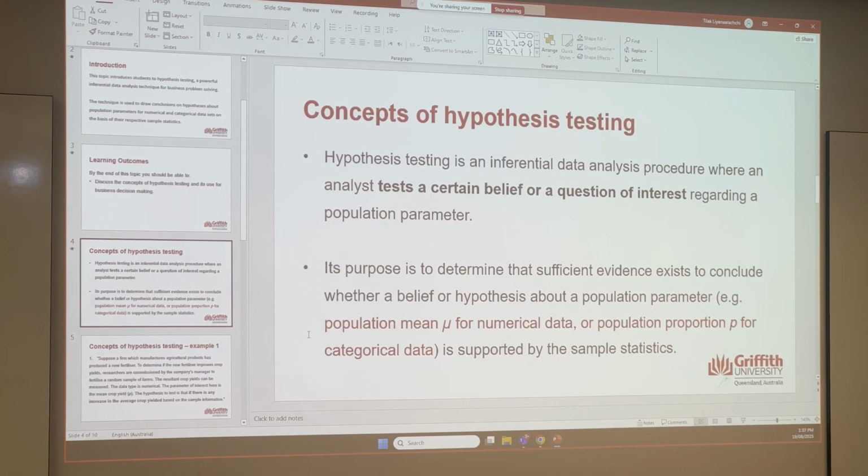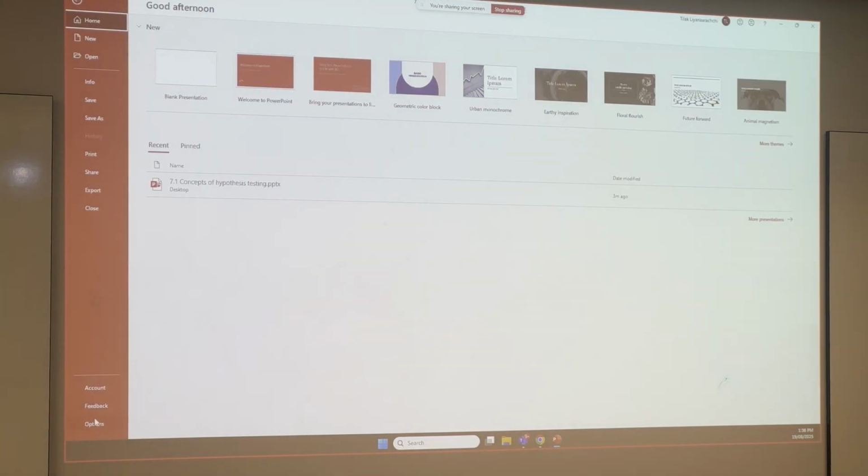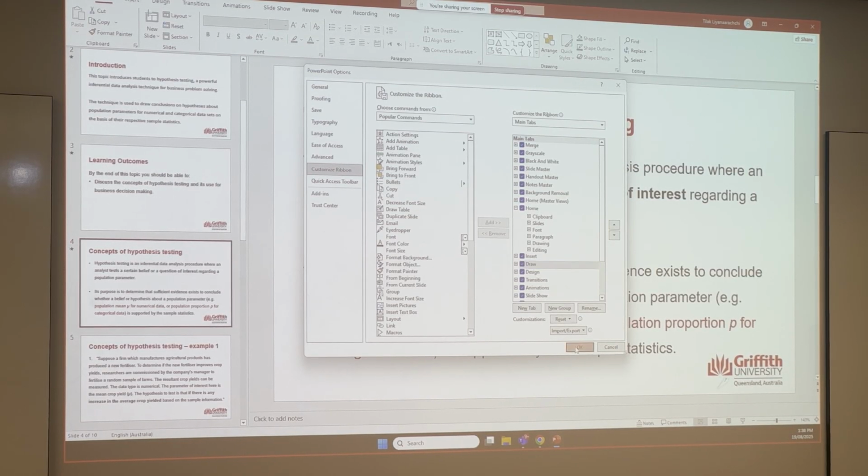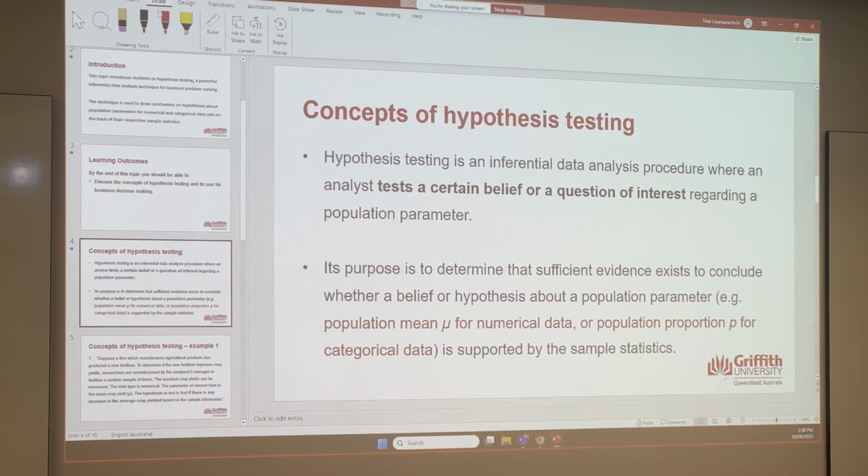That is a belief. We don't know whether it is true or false. So that means mu, the population mean, equals 25. Somebody can say that.